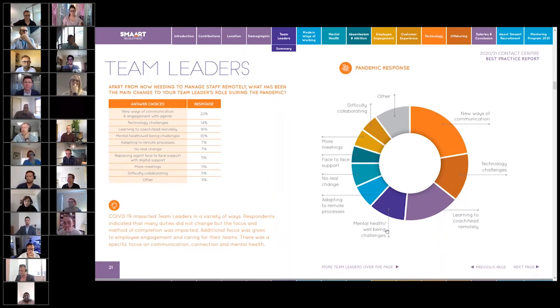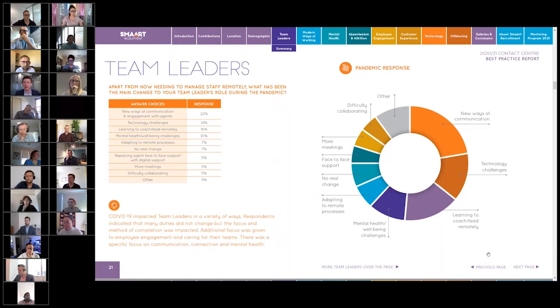From a team leader perspective, the three biggest changes that COVID has had account for more than 50% of the feedback given. They are new ways of communication, technology challenges, and learning to coach and lead remotely. I think this is linked to the first theme of coaching and development.